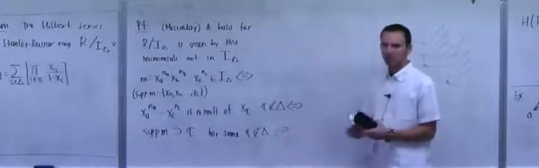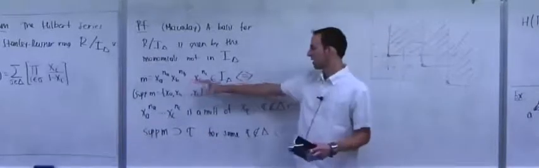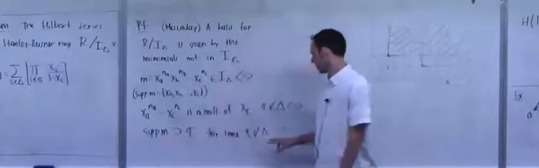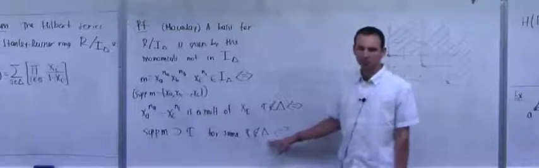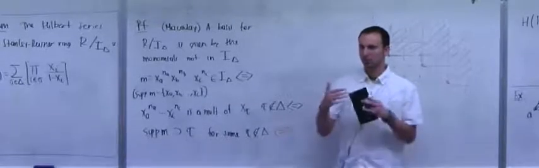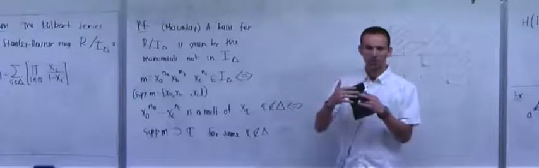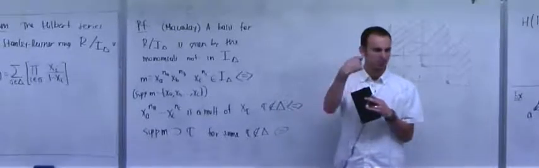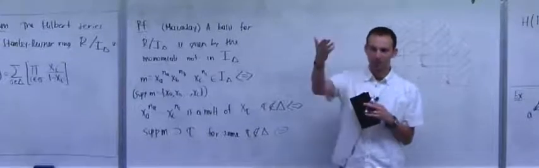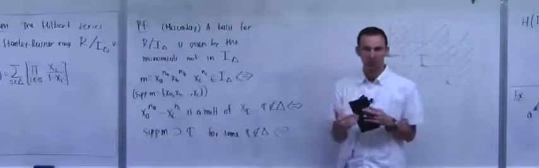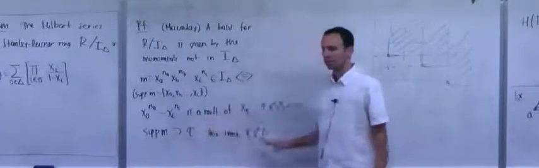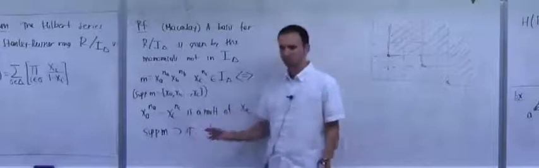In other words, what I'm saying is that a monomial is in I delta if and only if its support contains a non-face. But again, remember that if I have a non-face and I add things to it, then I'm still a non-face, right? Because if I were a face, then everything that I contain would be a face. So this statement is exactly the same thing as saying that the support of n is not a face.